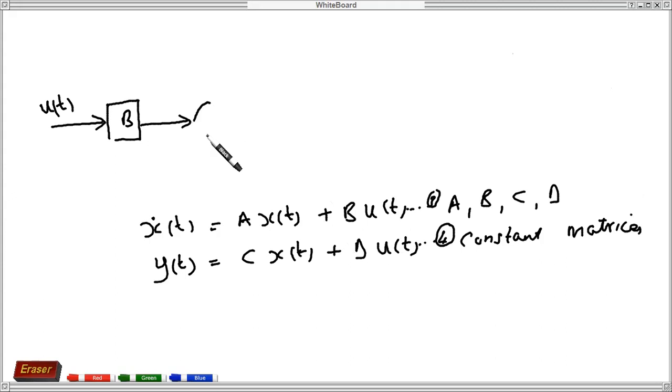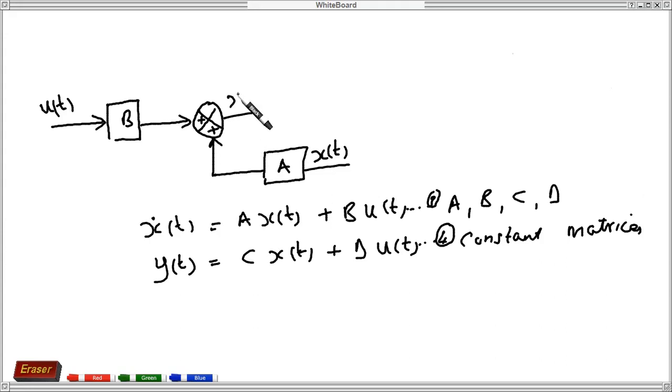We have a summing point, and the summing point is taking in the content x of t having passed through a block A. When you sum the two, you get x derivative of t.